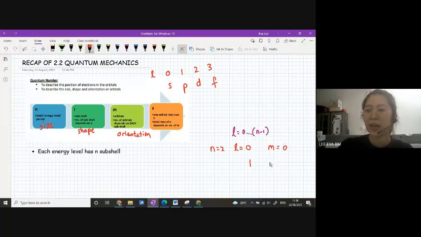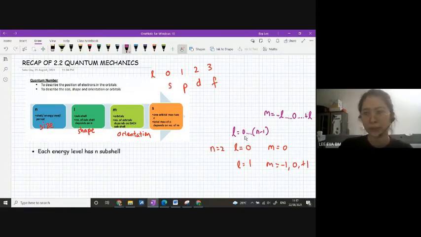Kalau l sama dengan 1, m dia akan jadi negative 1, 0, positive 1. For your revision also, the m value goes from negative l to 0 to positive l. Kalau l awak adalah 2, dia akan jadi negatif 2, negatif 1, 0, positif 1, positif 2.